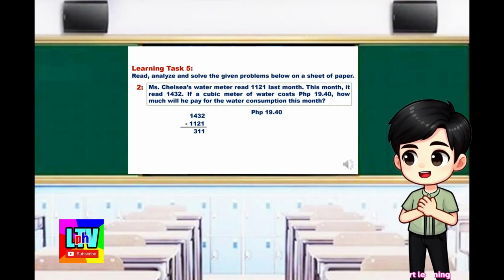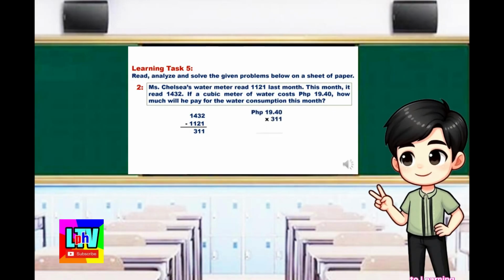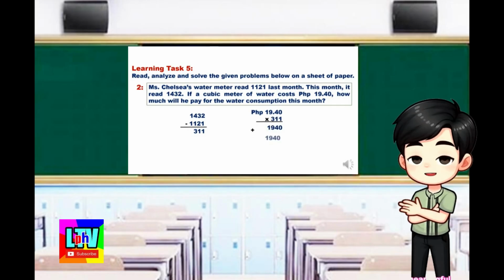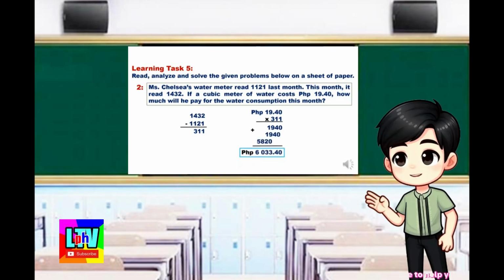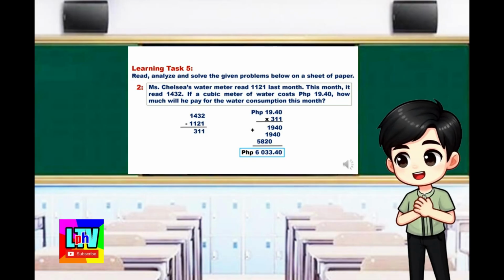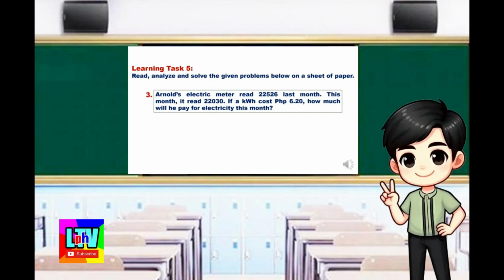Then 19 pesos and 40 centavos times 311 equals 6,033 pesos and 40 centavos. Can you answer number 3 problem?